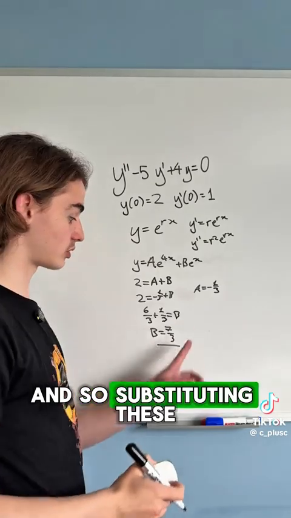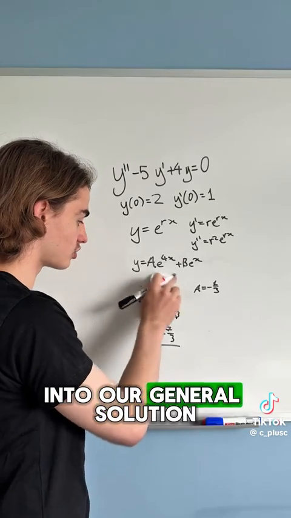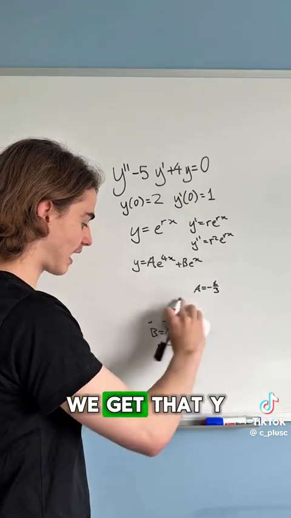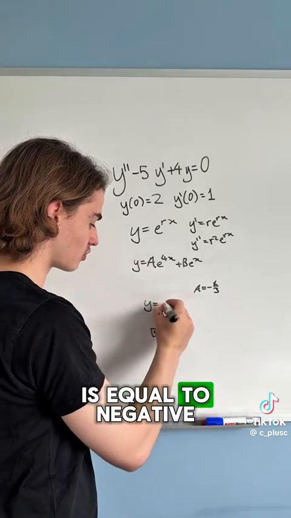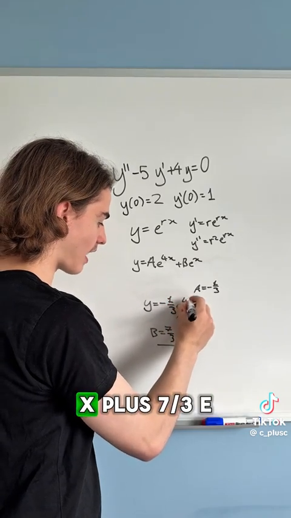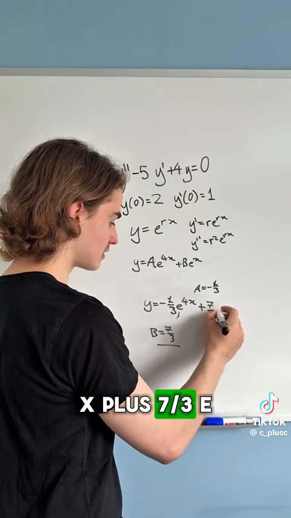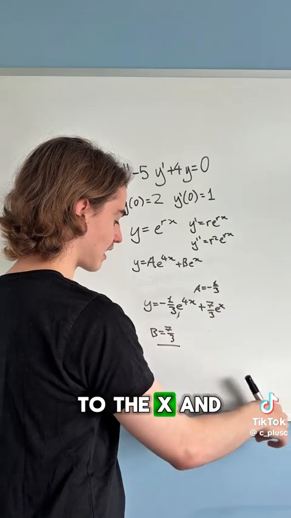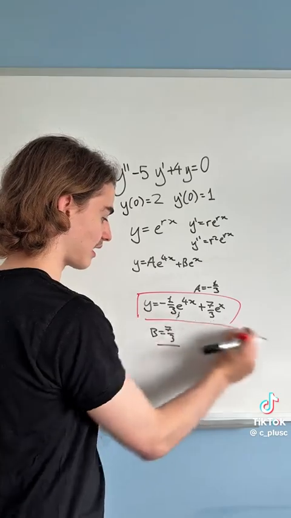And so substituting these two values for our constants into our general solution, we get that y is equal to negative 1/3 e to the 4x plus 7/3 e to the x, and that is our answer.